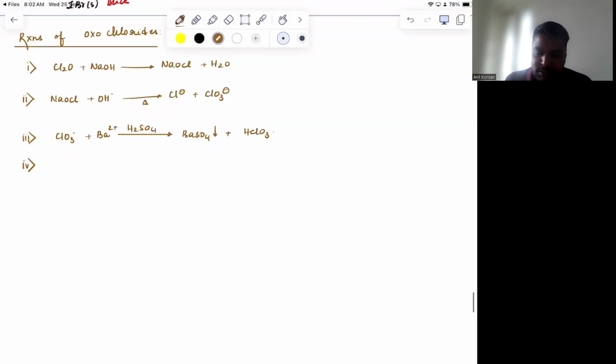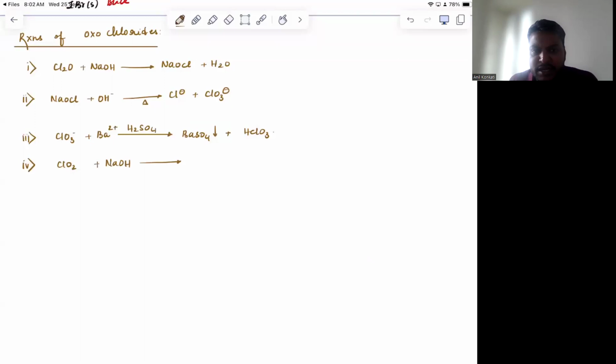Next, if you take ClO2, same reaction here again, ClO2 plus NaOH. It is a mixed anhydride.